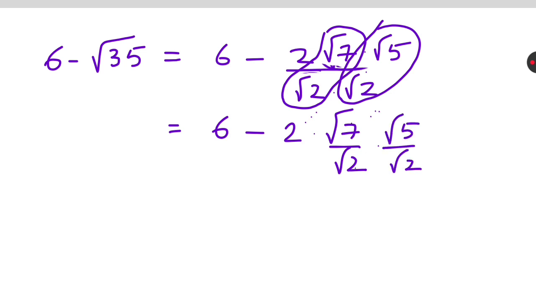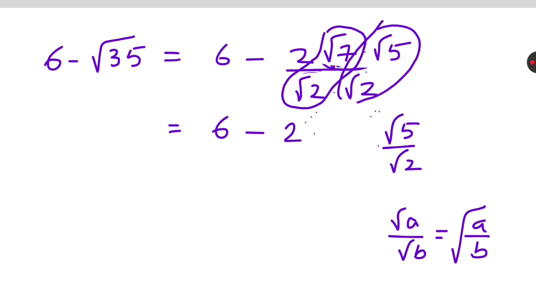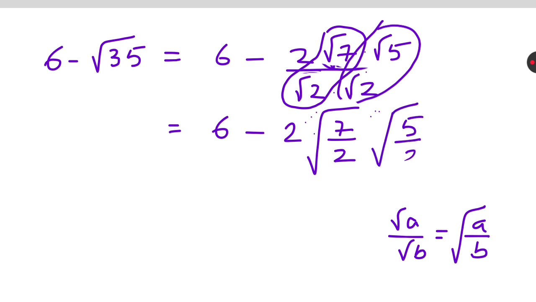So this is in the form of root a over root b. We can write this as square root of a over b. Square root of 7 over square root of 2, we can write as square root of 7 over 2. Similarly, square root of 5 over square root of 2, we can write as square root of 5 over 2.